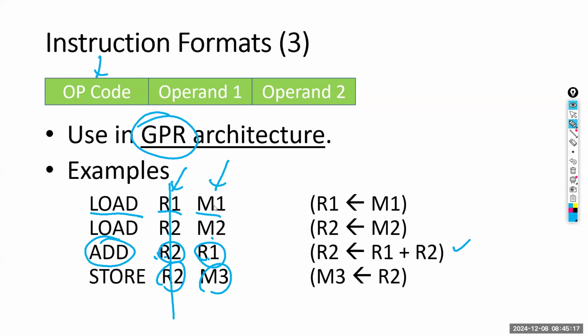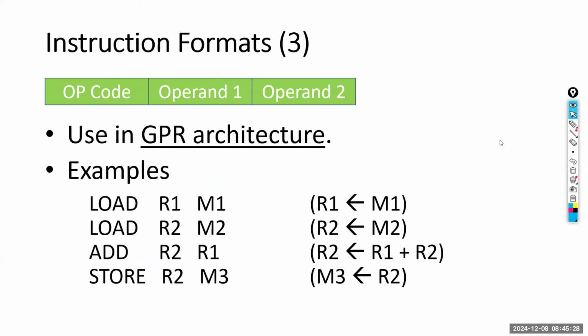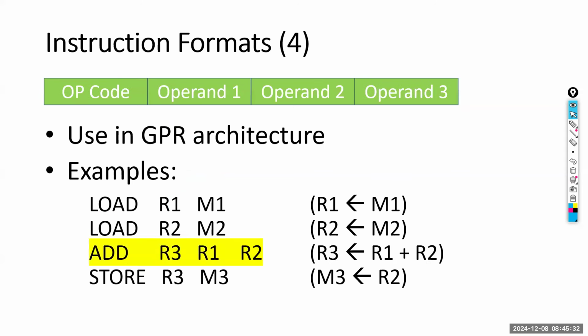So these are opcode, operand formats. That format you find only in GPR. In GPR, you will see another format, that is opcode and three operands, especially for processing instructions. Sometimes we process two values and write the result to a different register.